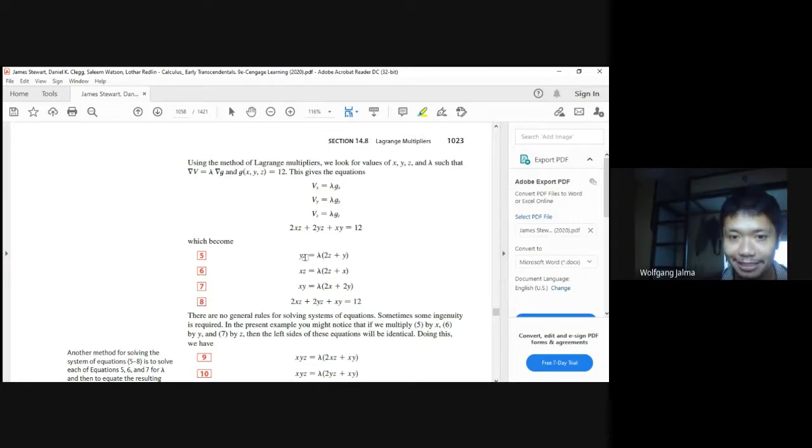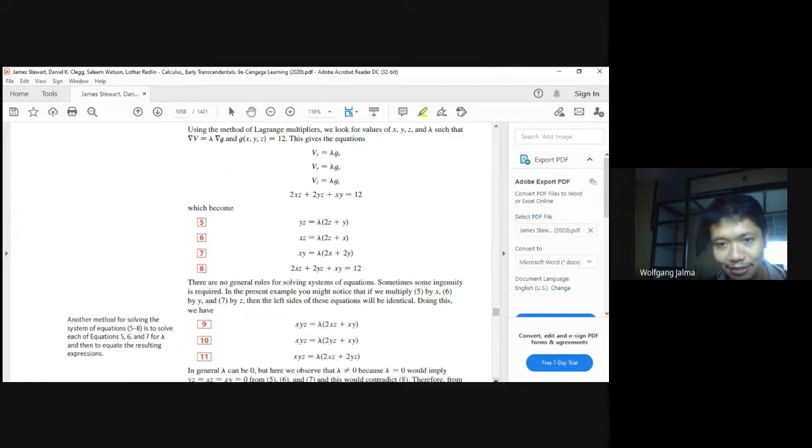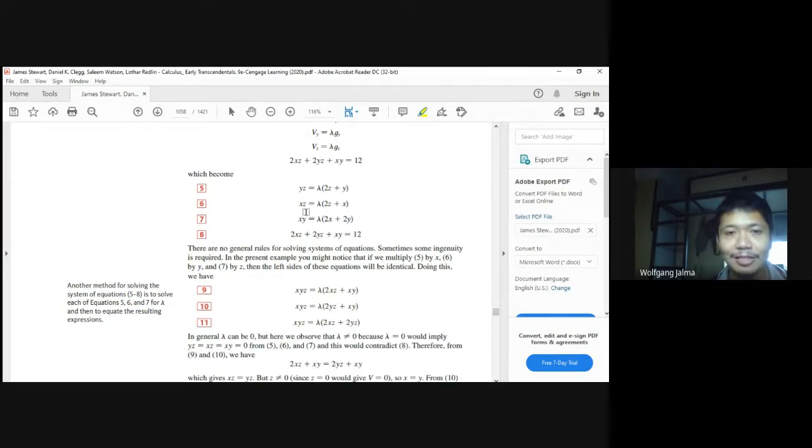Now from this to this, it's not hard. How they do it is to make sure that all these three left sides are the same.